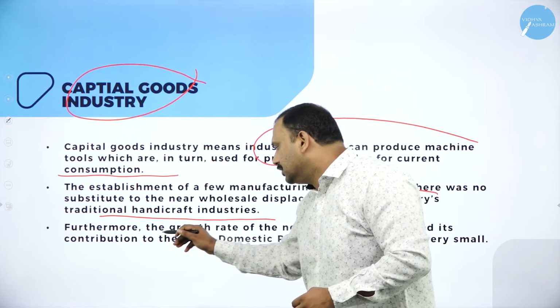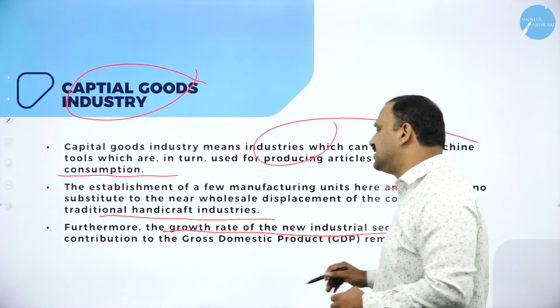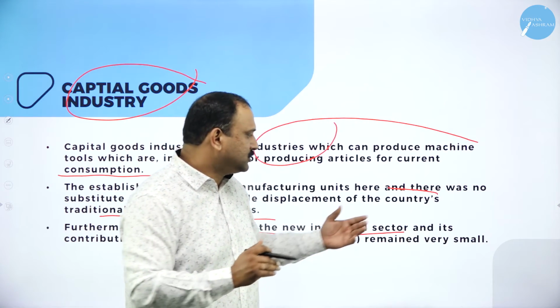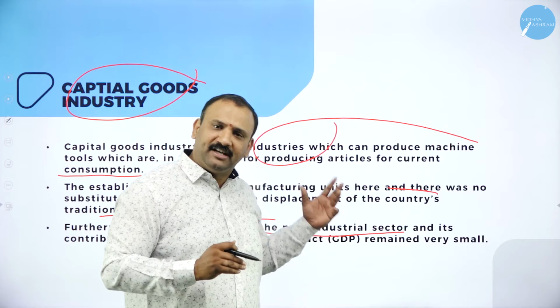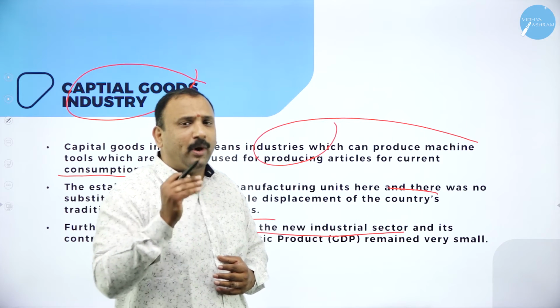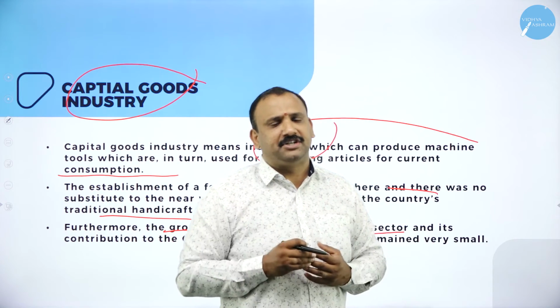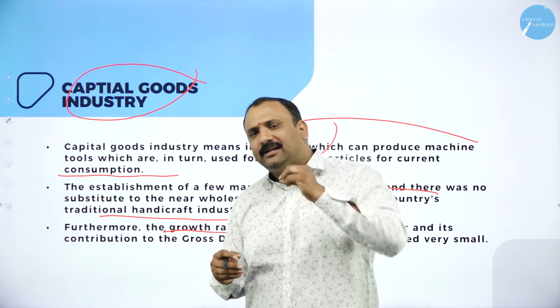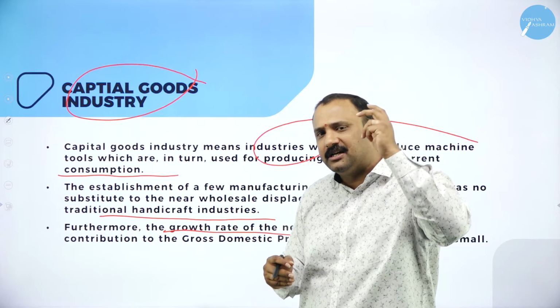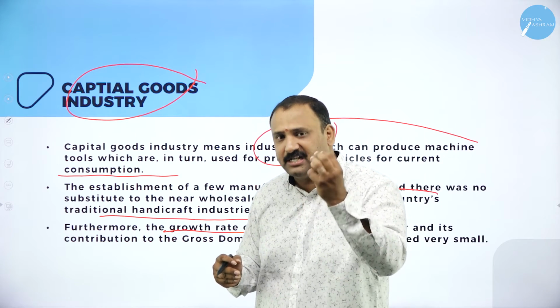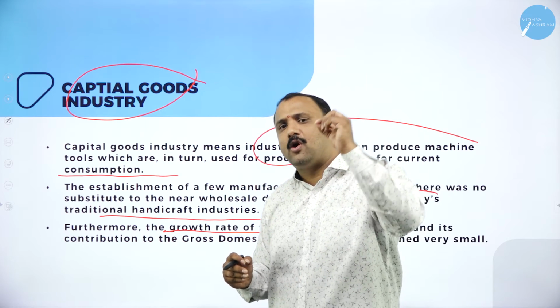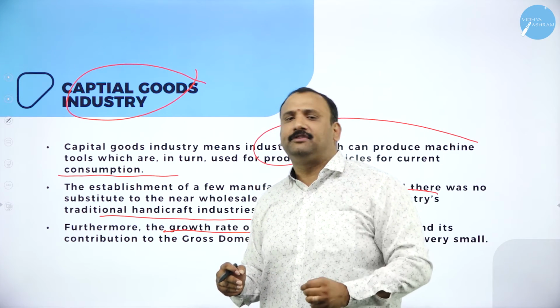Furthermore, the growth rate of new industrial sector led to the contribution of GDP. So I'm going to use this word GDP for the first time in the Indian economy. Why? Because at that time we had still not measured it, but somehow deep at the back of our mind, we started understanding that agriculture and manufacturing, being a new sector at that point of time, started contributing to the growth of the GDP.